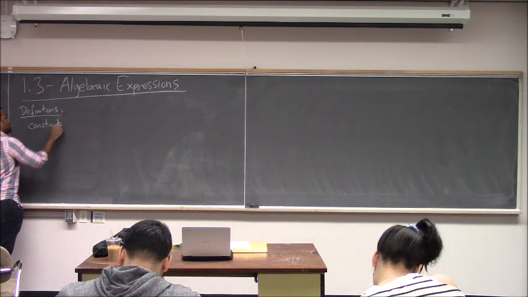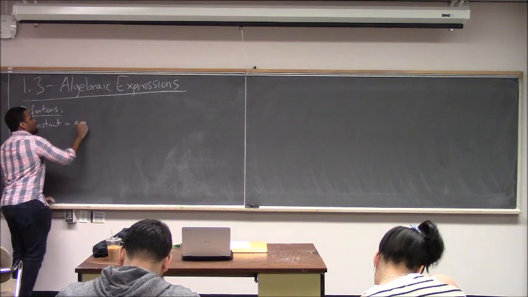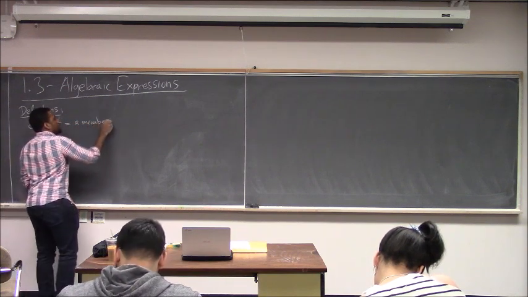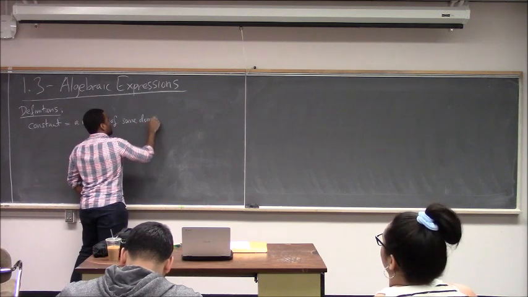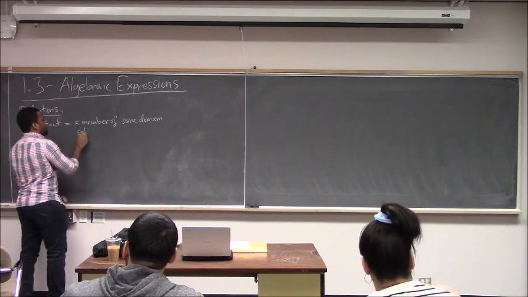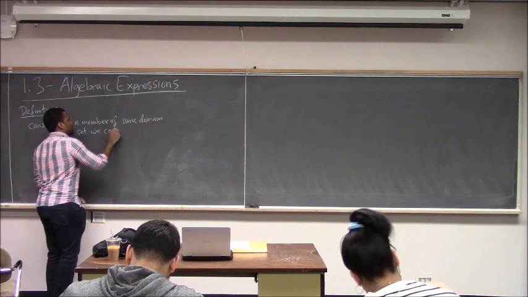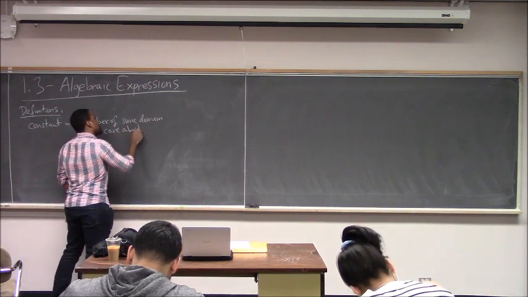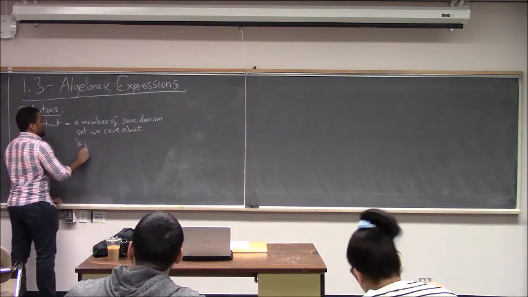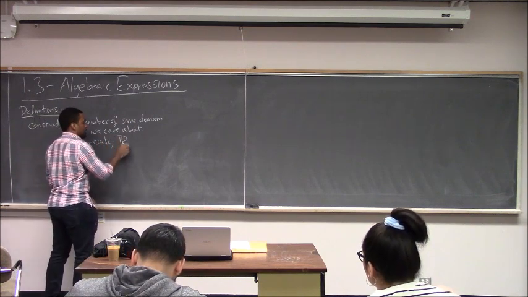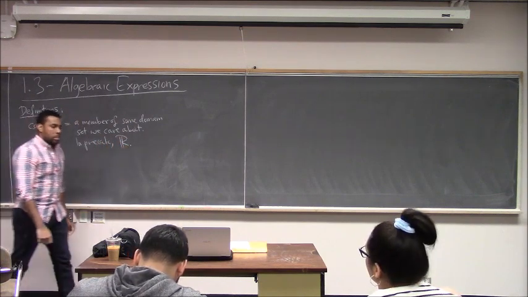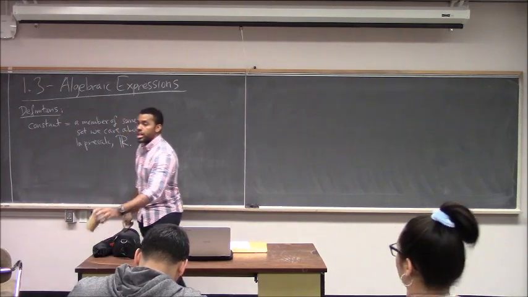We will use the phrase constant to be a member of some domain set we care about. In pre-calc, this is pretty much always going to be the real numbers. Right? So any member of R, we will consider that a constant.